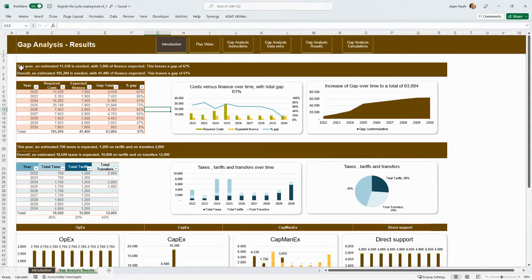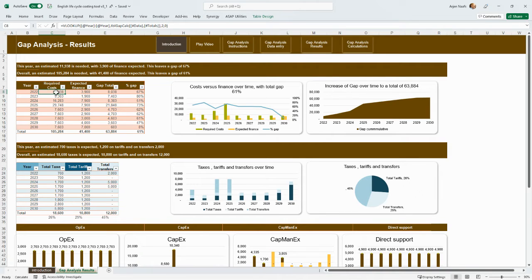First of all, the first bit is all about the gap between the required costs, the expected income, and the gap that is there, and how big that gap is in percentage. So in this case, all the costs come together from the CAPMANEX, CAPEX calculation, OPEX calculation, and do have a look at the calculations behind it if you want to.